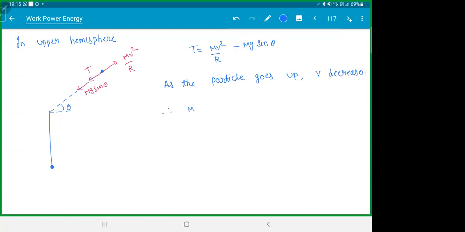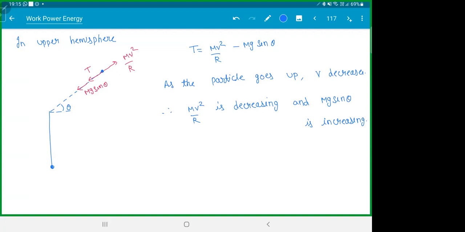Therefore, mv square by r is decreasing, the one who is actually helping you is decreasing. So it's like the good guy is becoming weak, and mg sine theta, which is trying to make the string loose, is becoming strong. A typical plot in our movies. You're getting it? The hero starts becoming weaker and the villain is becoming stronger.